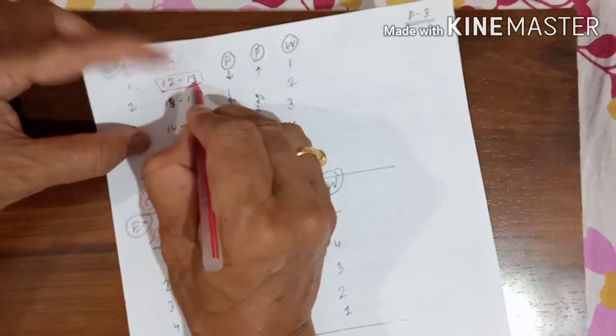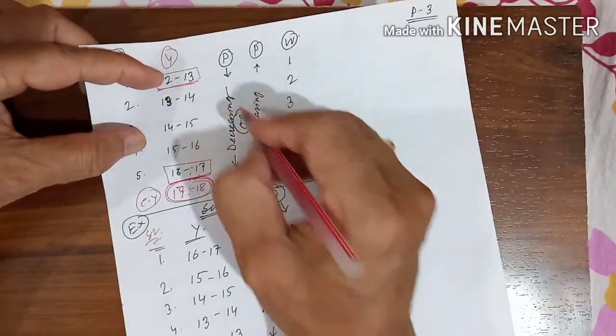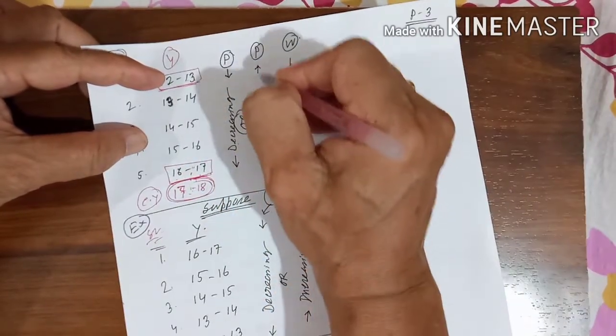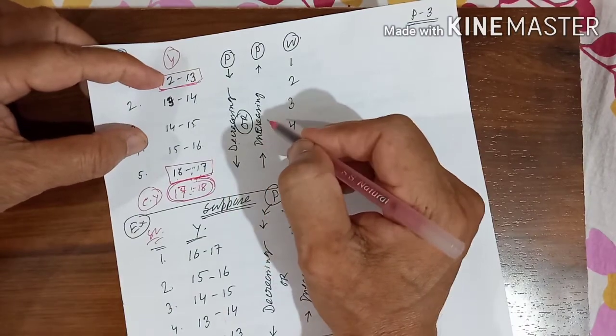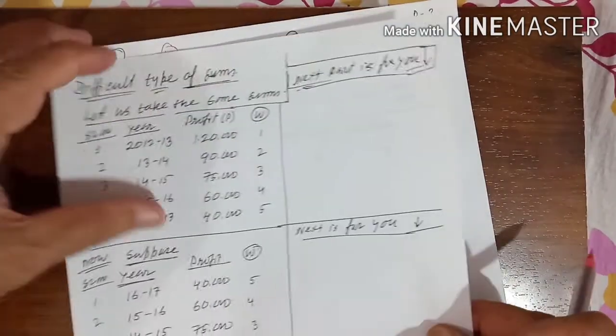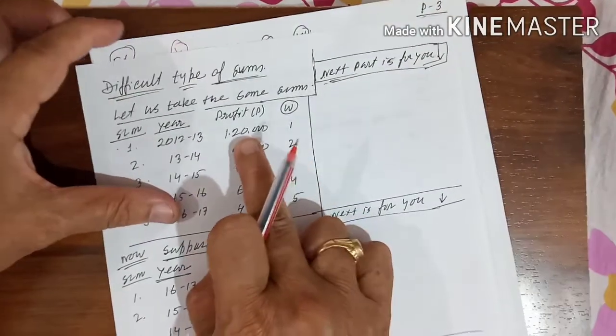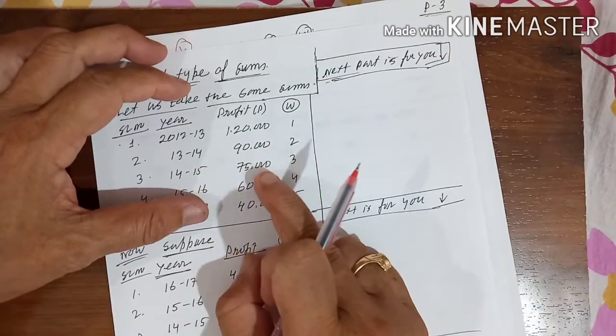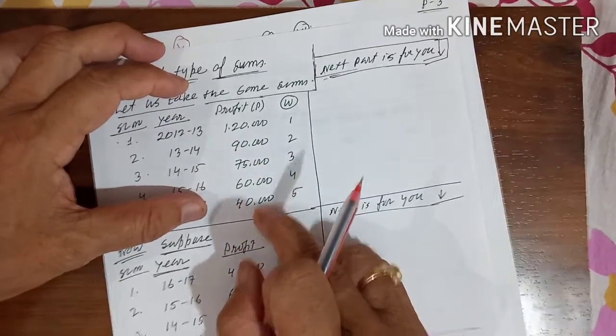So 12-13. Now the profit, whether it is given in increasing order or decreasing order, it may be given either way. Let it be. Here you see it is given in decreasing order, 1,20,000, 90, 75, 60, 40.